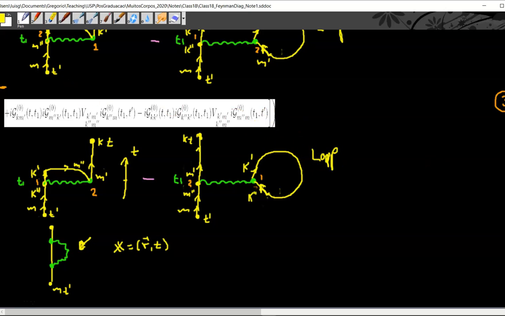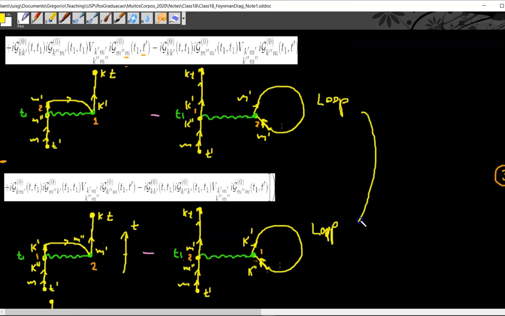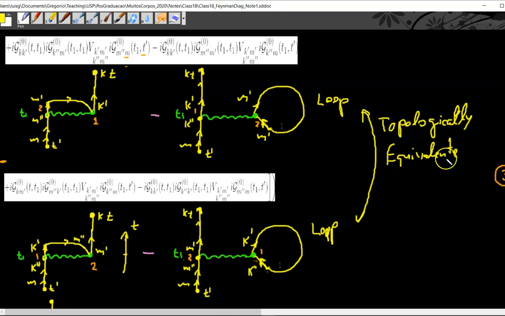And the main message here is that these are topologically equivalent, so it's the same contribution. Okay, so that's the message.